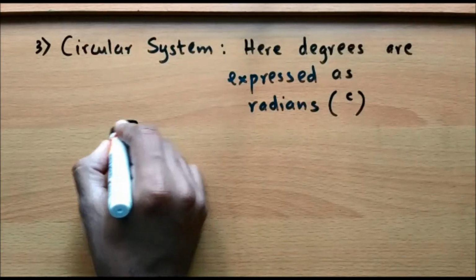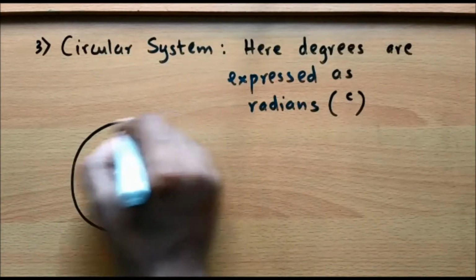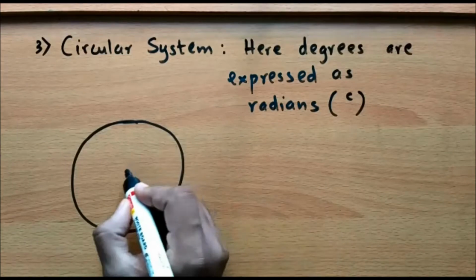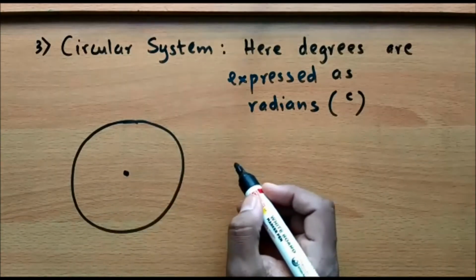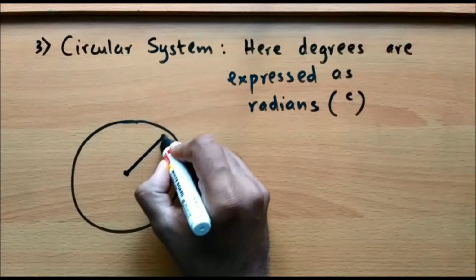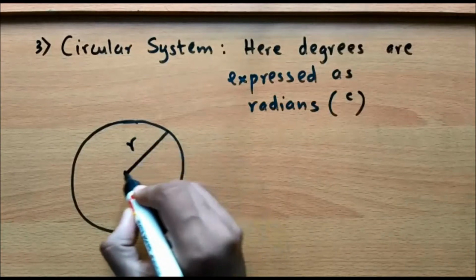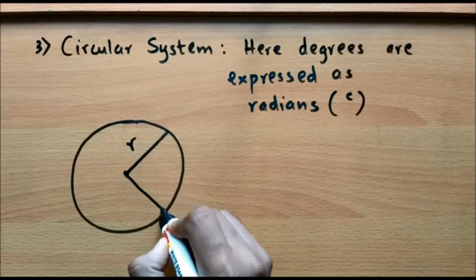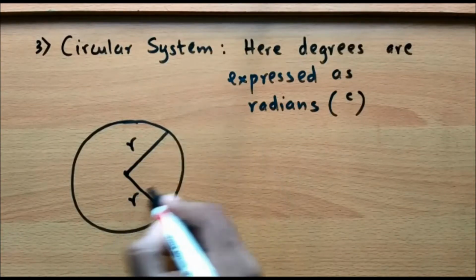Now how will you define a radian? Let us consider a circle with radius, say r. Let me draw one radius, and that is a radius r. Let's draw another radius, say r.